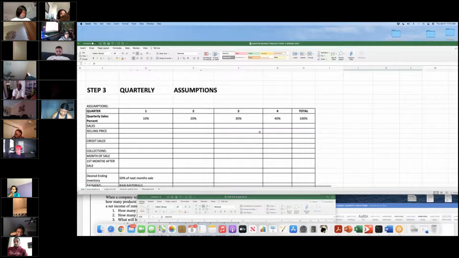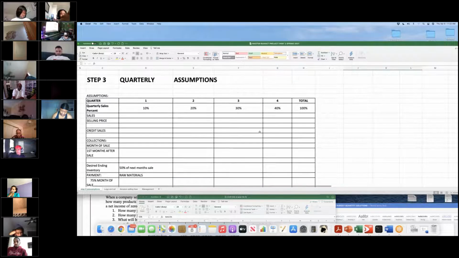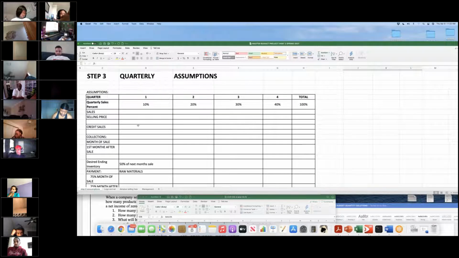Then there are some other assumptions that you need to get in there for step 3, quarterly sales. We'll be working on a quarter basis. In actual practice, you do it monthly, but we're going to be working quarterly. So the assumptions here, and you can change these, but most sales occur at the end of the year. So we said in the first quarter 10%, 20%, 30%, 40%, 100%.